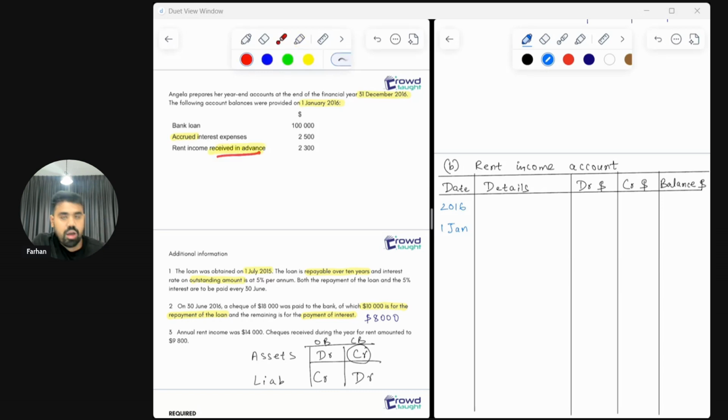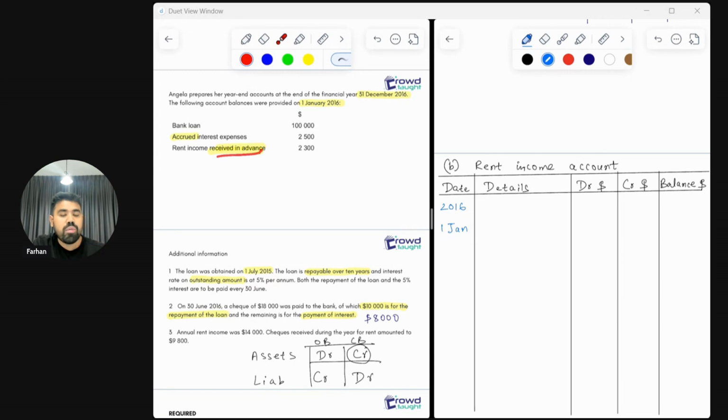So rent income received in advance basically means that you have got the money from your tenant, but your tenant still hasn't used that space yet at 1 Jan 2016, which means this is a current liability for you because you have a present obligation as a business to fulfill this for your tenant. You have taken the money from your tenant, but you haven't earned it.